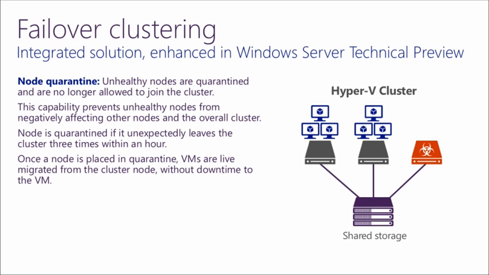That's a key difference versus the disruptive failure we talked about before: live migrated from the cluster node without downtime. So node quarantine is a very useful feature in case we're having transient issues that cause the cluster node to leave cluster membership 3 times in an hour, and we'll live migrate those virtual machines.